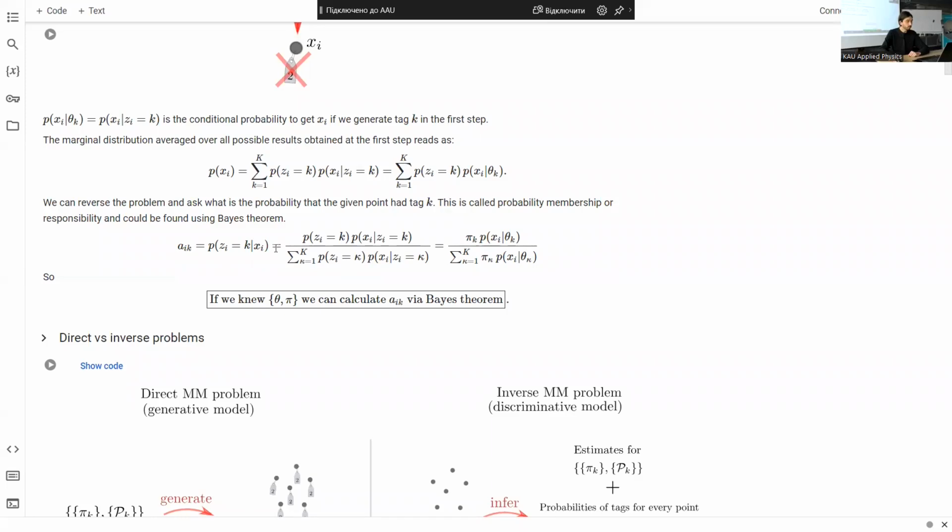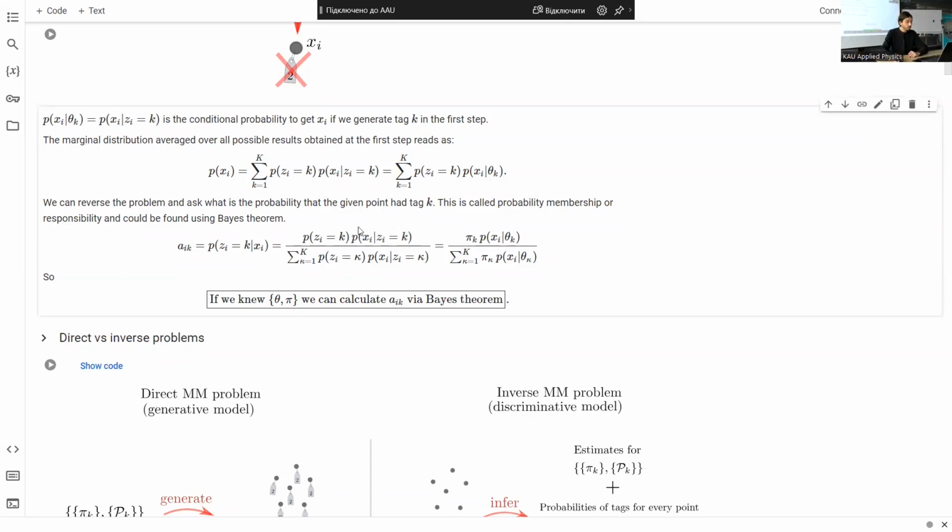We recall that if I have something like this, some probability with some condition, and I don't like the order, it's easier for me to get that probability with the condition the other way around, and I can do that with the Bayes formula. And here is an example of using that Bayes formula. So here I'm reversing the order.